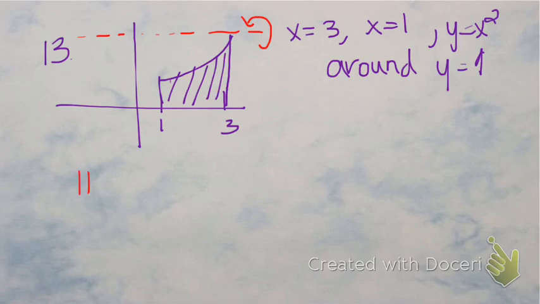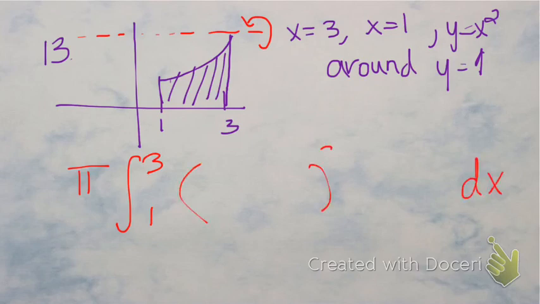Because y equals 9 looks like the x-axis, this is going to be 1 to 3 because it's on the x. I know there's going to be dx's. It looks like it's going to be 2 things squared.